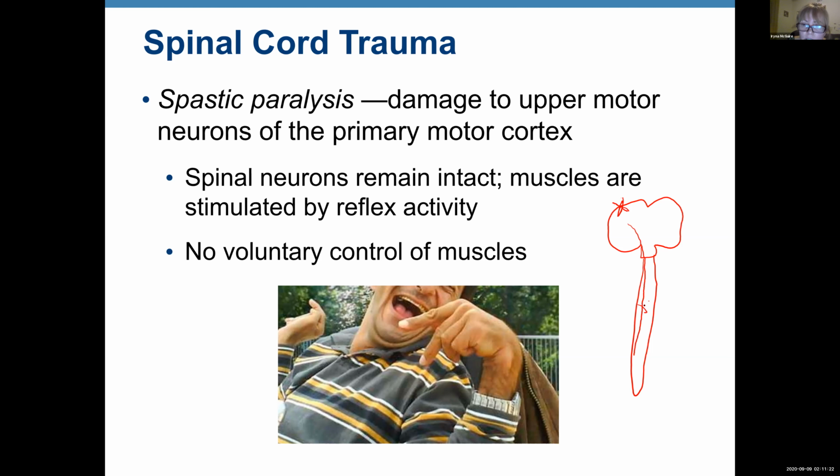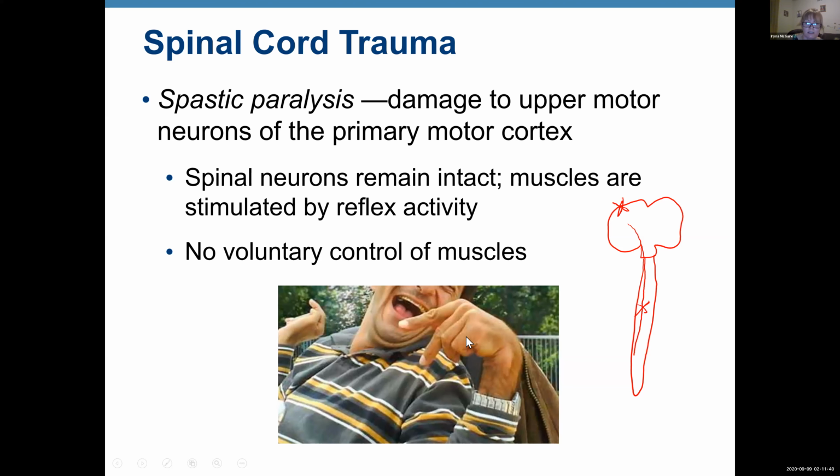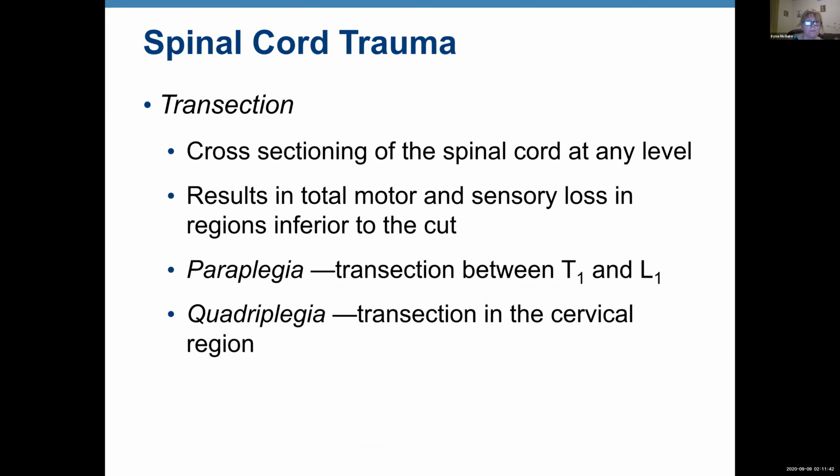The muscles can be activated by reflex activity, but there is no voluntary control of the muscle, right? So that's a different type of paralysis: either flaccid paralysis or spastic paralysis.